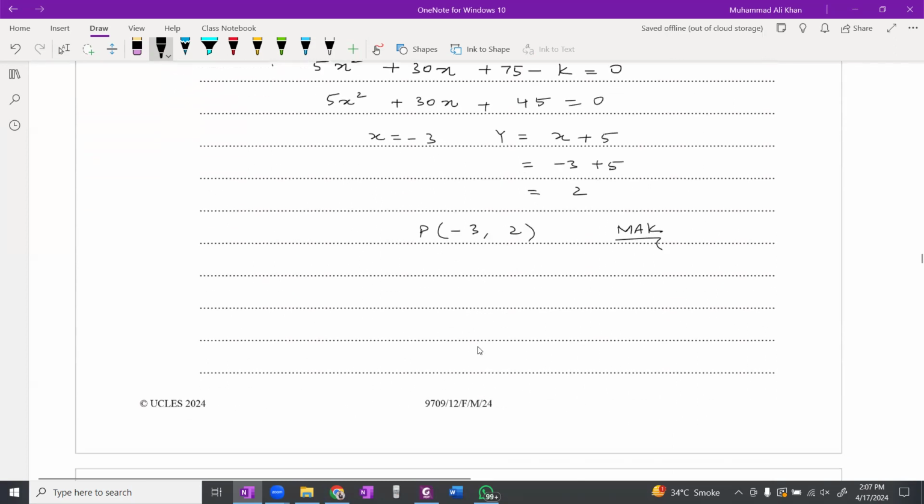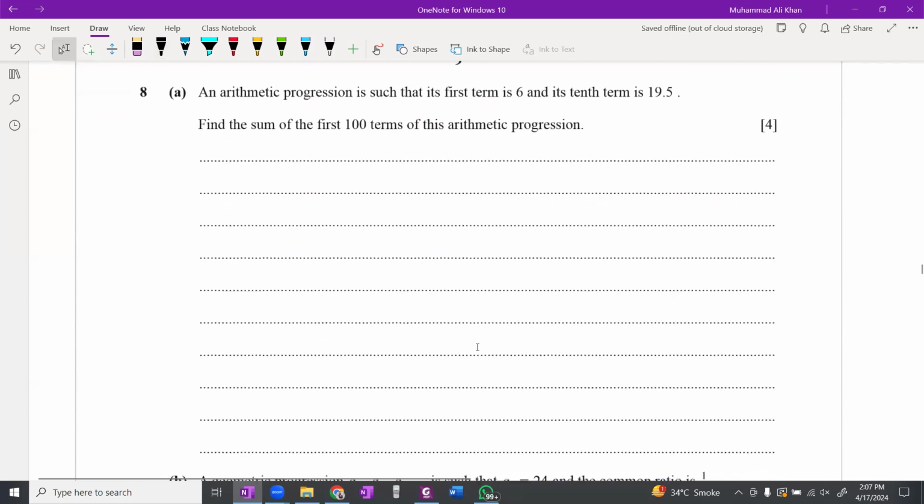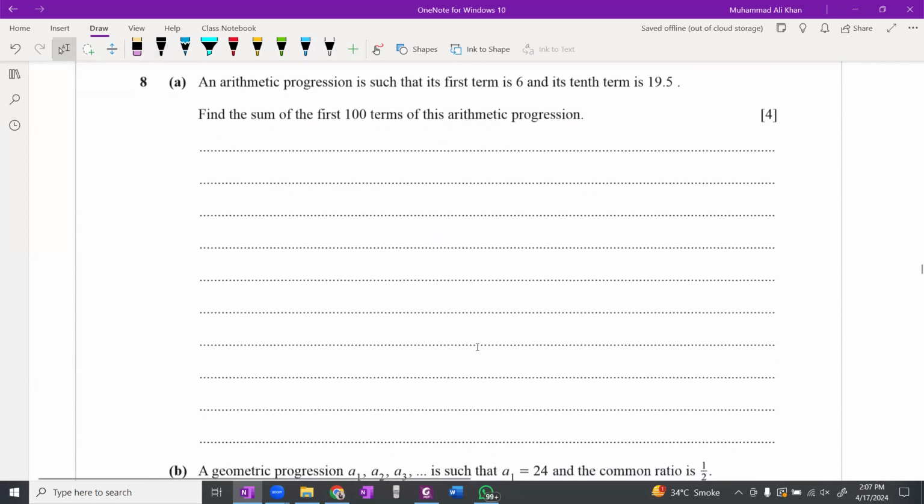Now, the next question, question number 8, is about series, arithmetic progression. An arithmetic progression is such that its first term is 6, and its 10th term is 19.5.